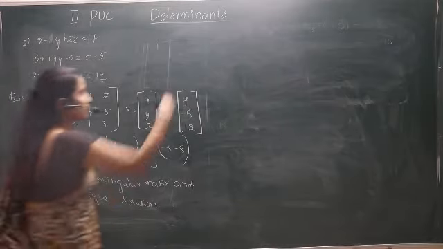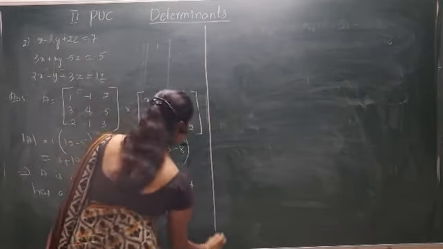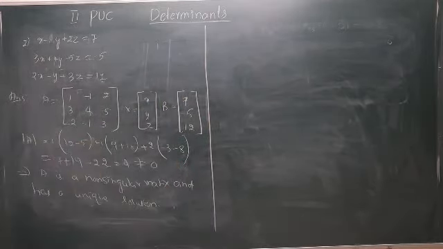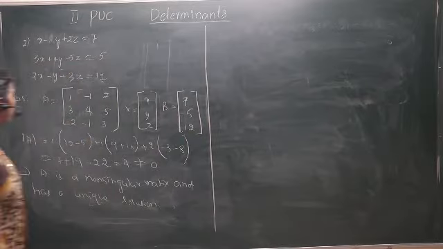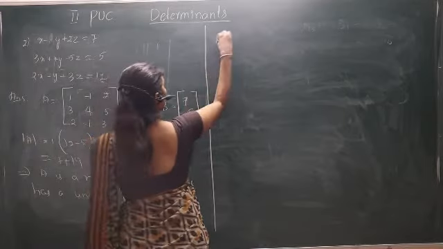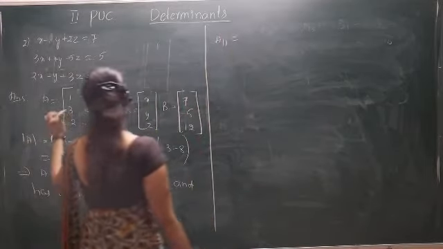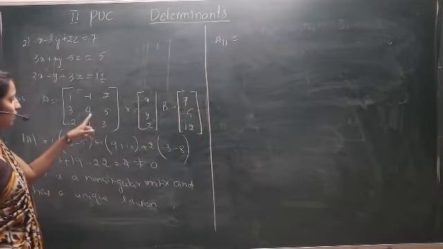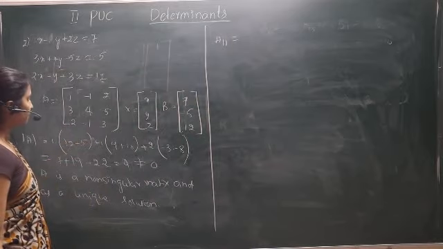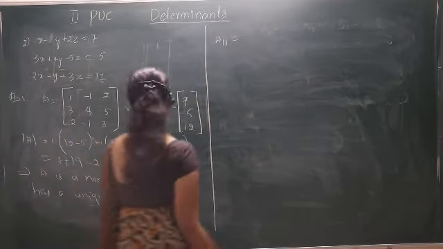Next we have to find the value of cofactors. What is the cofactor A11? A11 is 12 minus 5, which is 7.